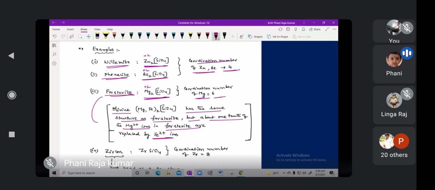This is a derivative of forsterite. When some magnesium ions are replaced with ferrous ions, we get the olivine type of orthosilicate.